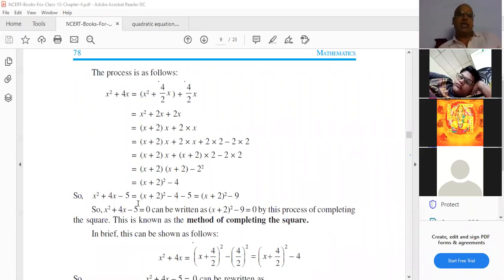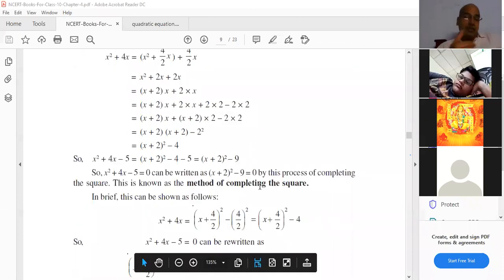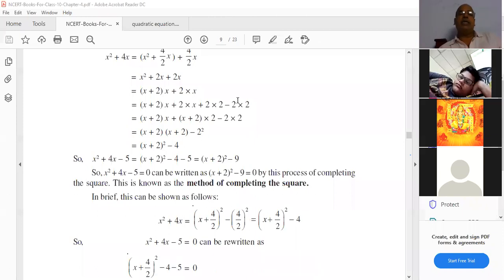That's why here x plus 2 whole square minus 2 square, means minus 4 came. Already in the question 5 is there. Minus 4 minus 5 equals minus 9. Hence it is in the form of (a plus b) whole square minus 9. This is the process. We call it the completing square method. Understand? How you got x plus 2 whole square minus 9?